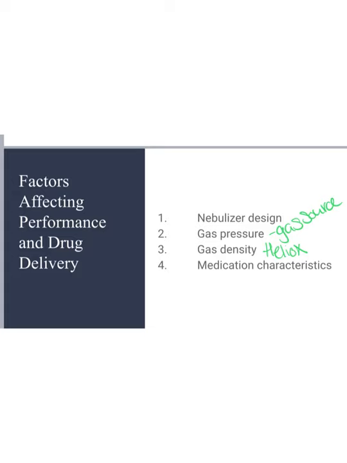So, for example, we'll use Marilyn again. She's on 3 aerosolized meds. She's on hypertonic, and that's going to be different from her Pulmozyme, which is different from her Tobi. Pulmozyme doesn't take very long. It takes like 15 minutes.